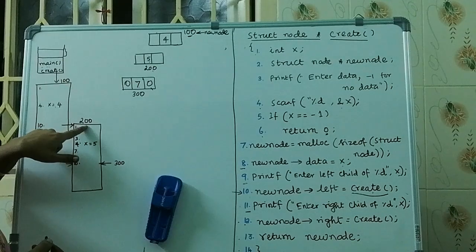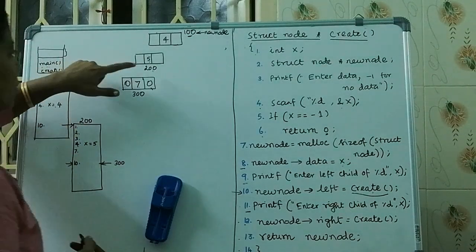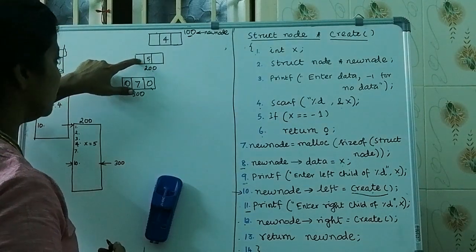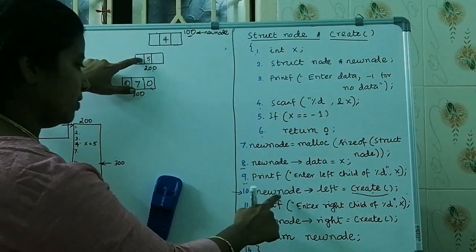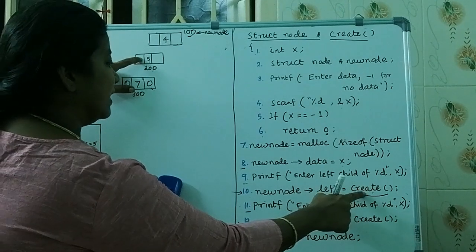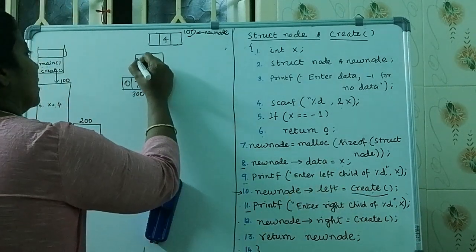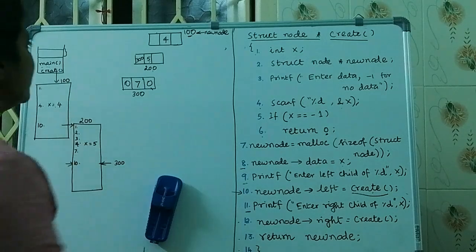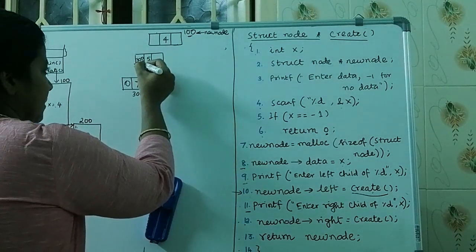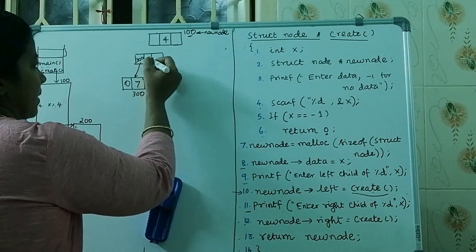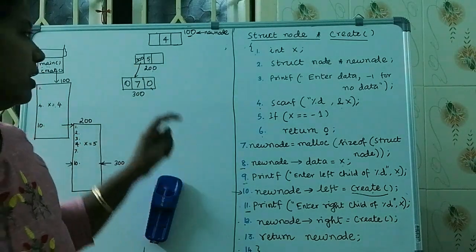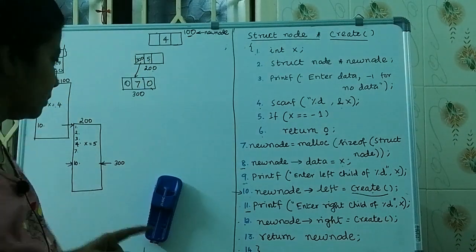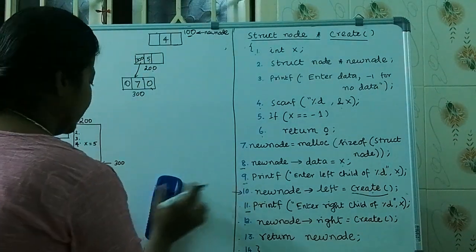New node is nothing but 200. So go to 200, which is nothing but new node of left equal to 300. So I'll copy here new node of left equal to 300. So logically the link has been established from here to here. Now 7 has become the left child of 5. Okay, so line number 10 completed.